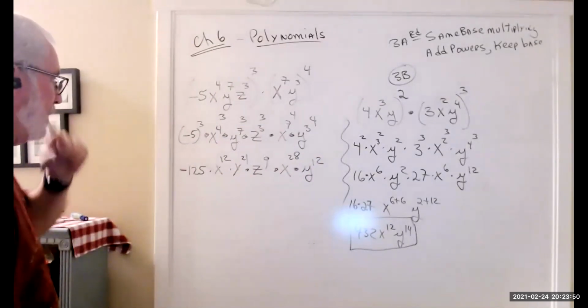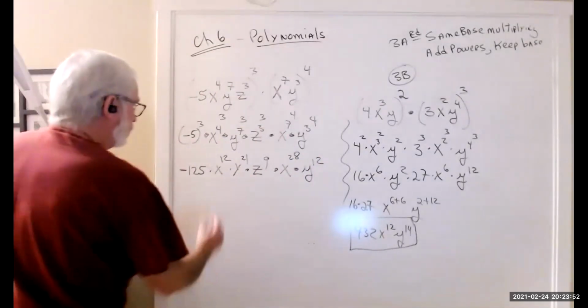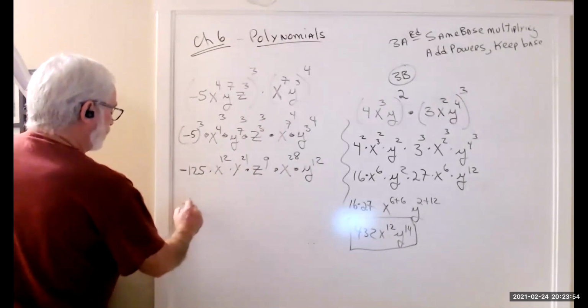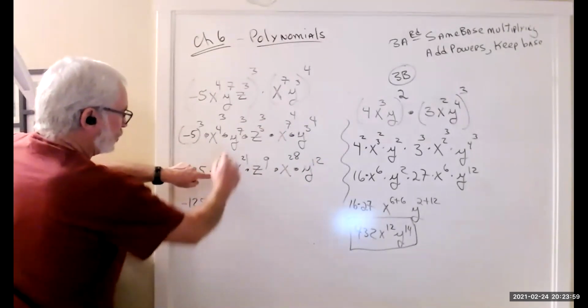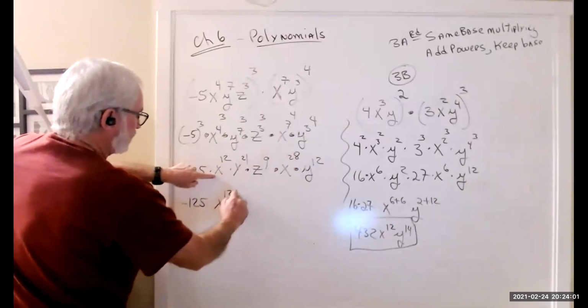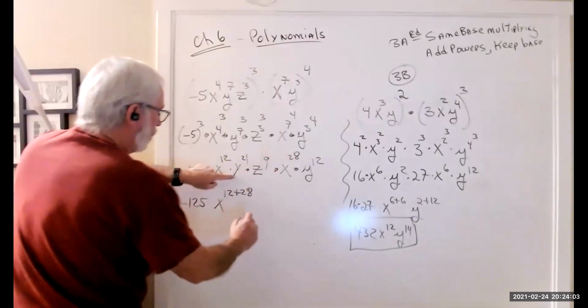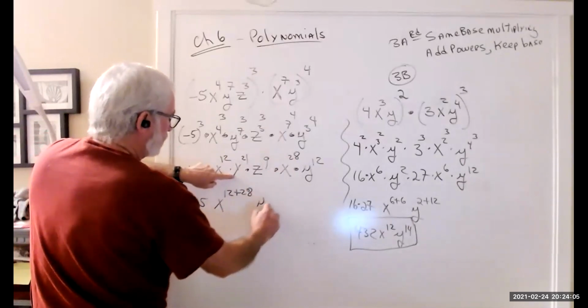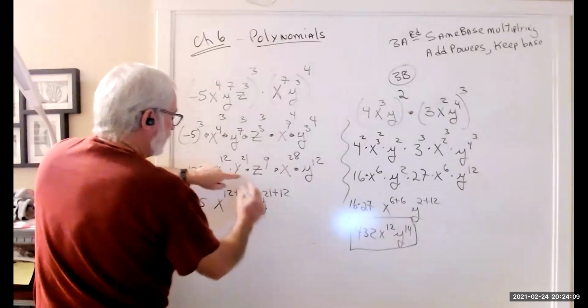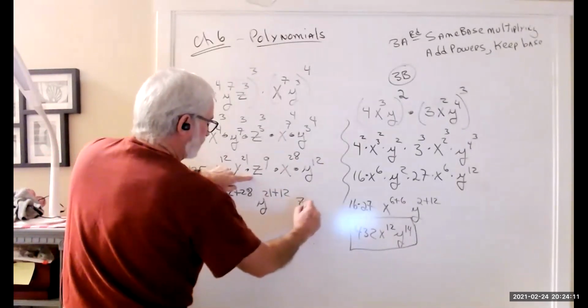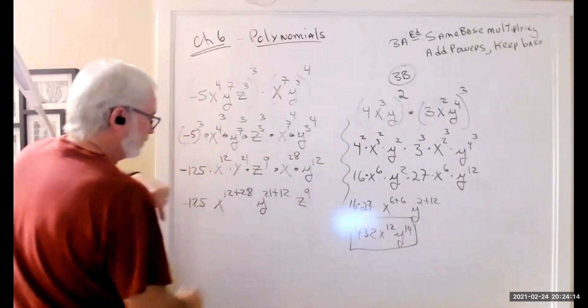Okay. Combine, look for same bases. So negative 125 just comes down. I have x to the 12 plus 28, y to the 21 plus 12, and z to the 9 doesn't get along with anybody.